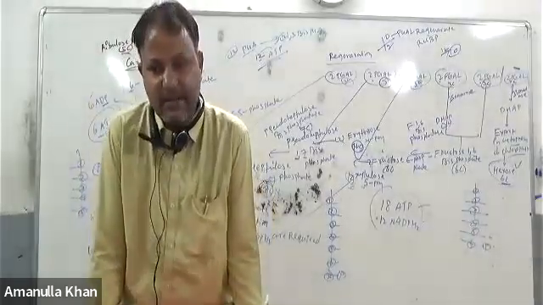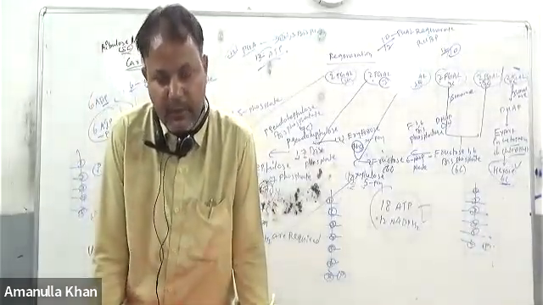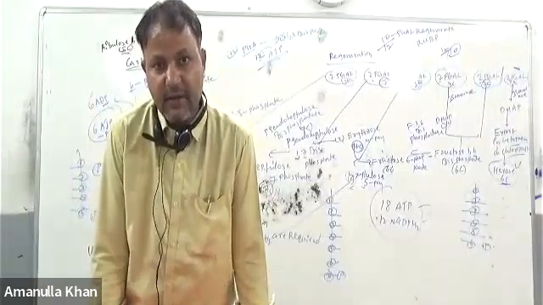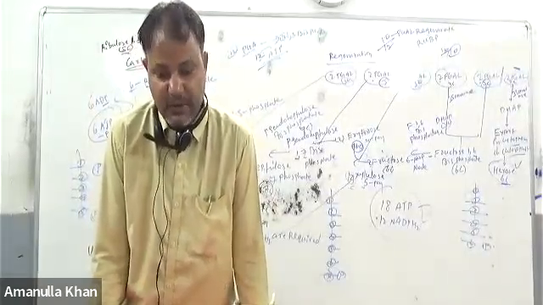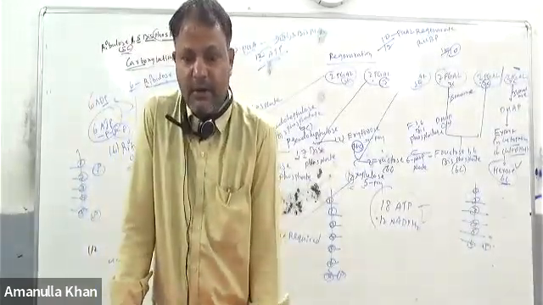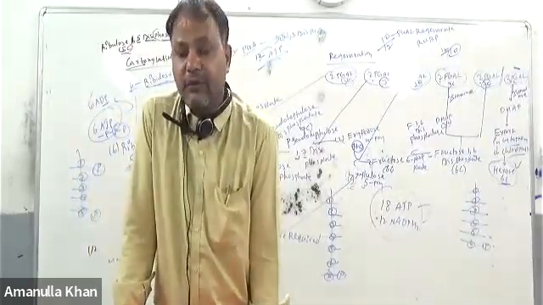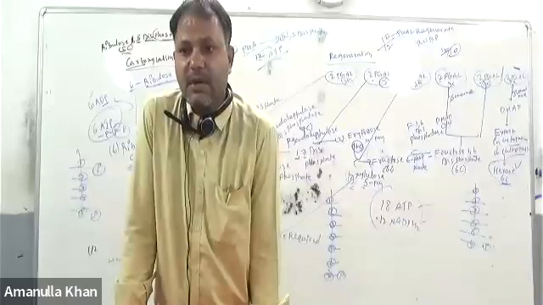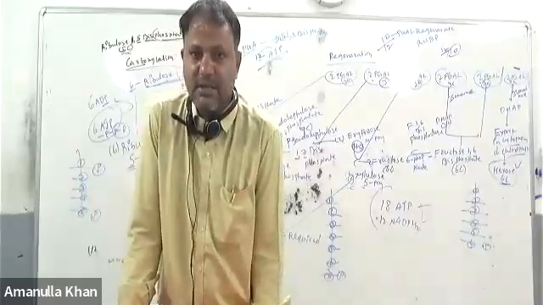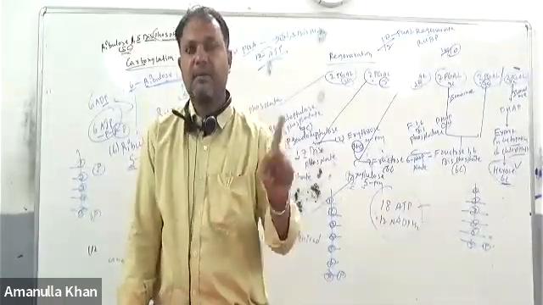Carboxylation means in the presence of RuBisCO, whose full form is ribulose 1,5 bisphosphate carboxylase, atmospheric carbon dioxide is accepted, and which product is formed? Phosphoglyceric acid, a 3 carbon compound, is formed. That's why it's called a C3 cycle. This step is called carboxylation. In the carboxylation, carbon dioxide is fixed.